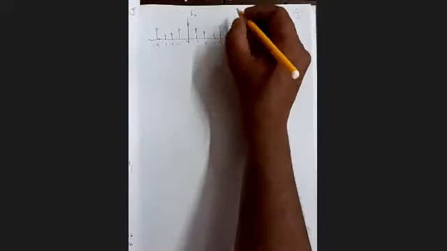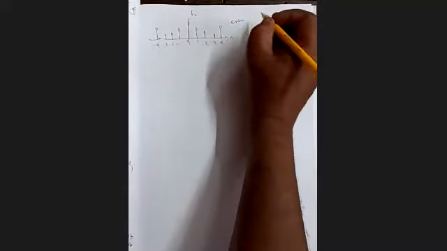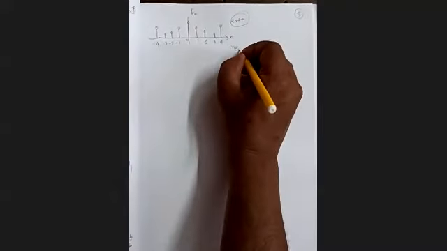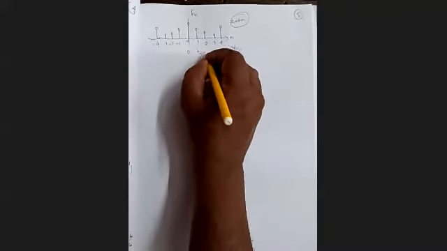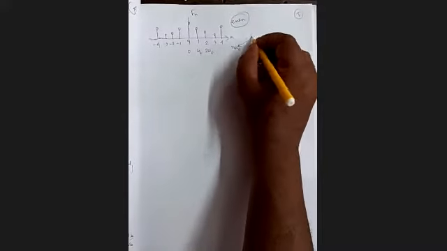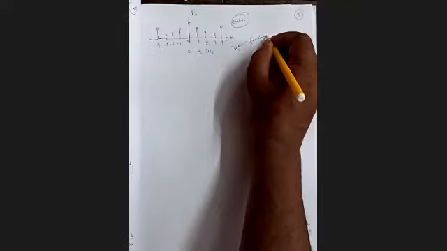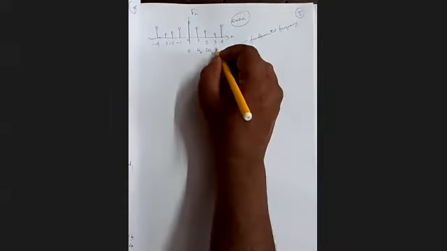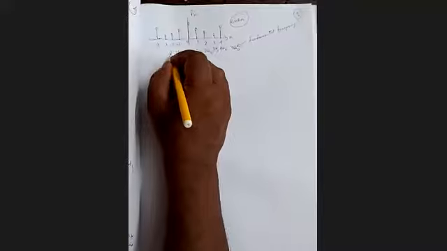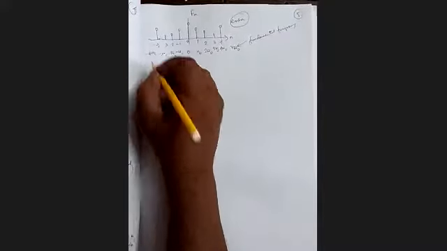So the magnitude is always an even function in n, always symmetric. And if you plot it in n omega 0 scale: 0, omega 0, 2 omega 0, 3 omega 0, 4 omega 0, minus omega 0, minus 2 omega 0, minus 3 omega 0, minus 4 omega 0, where omega 0 is the fundamental frequency.